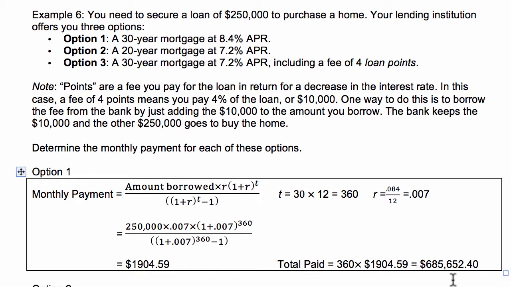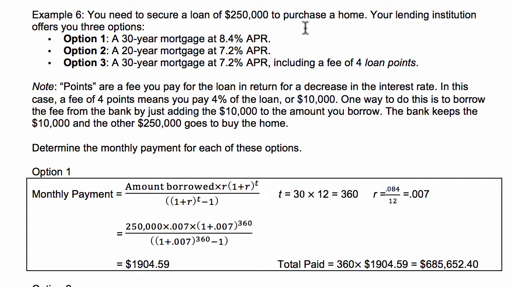Note that part of this amount is the price of the home, $250,000 to be exact, and the other part of this is the interest for the loan. This means we are paying over $400,000 in interest, more for interest than for the home itself.